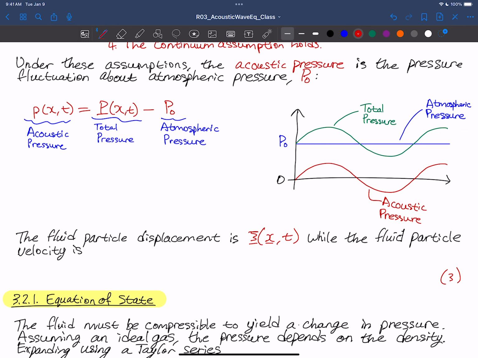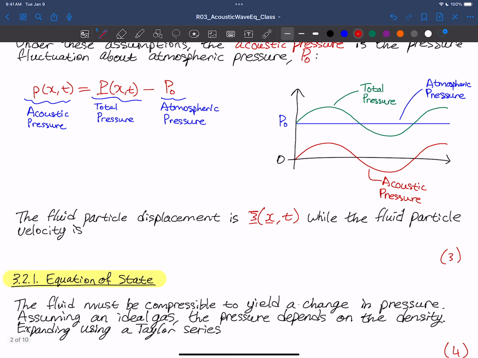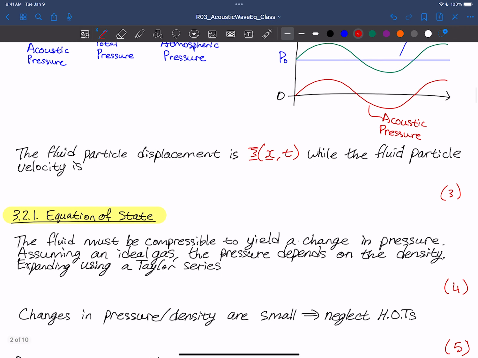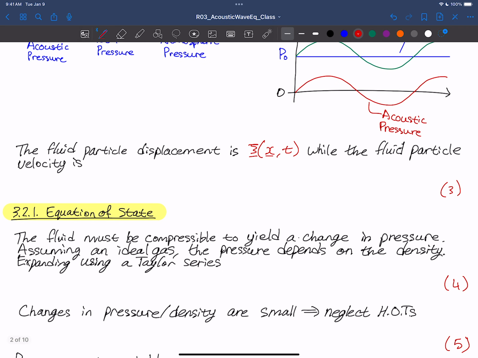Okay, another thing we're going to need to use is the fluid particle displacement. This is written as a vector quantity, which is a function of a vector position and time itself. We'll then also look at the fluid particle velocity, and we'll write that as u, which is a vector function of a vector and time.